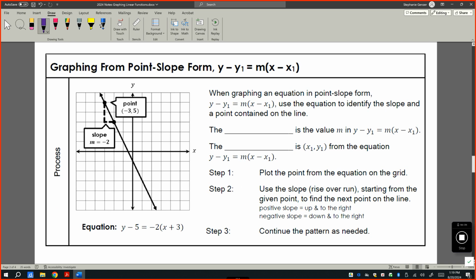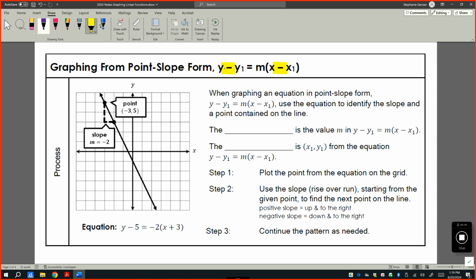This one is very similar, except instead of starting at a y-intercept, you start at the point they give you in the problem. They're going to give you a point. Now here's the key. Here's point-slope form. Notice that there's minus signs in this form.